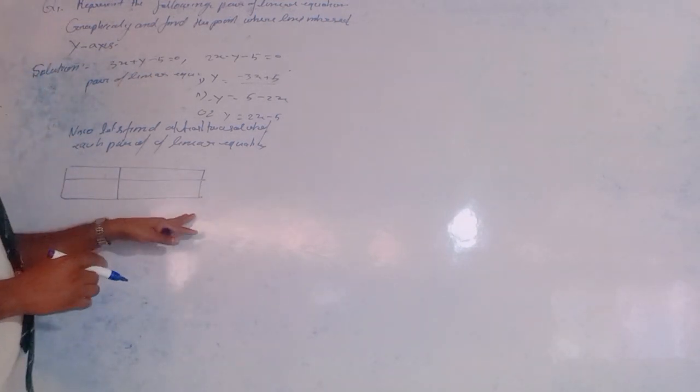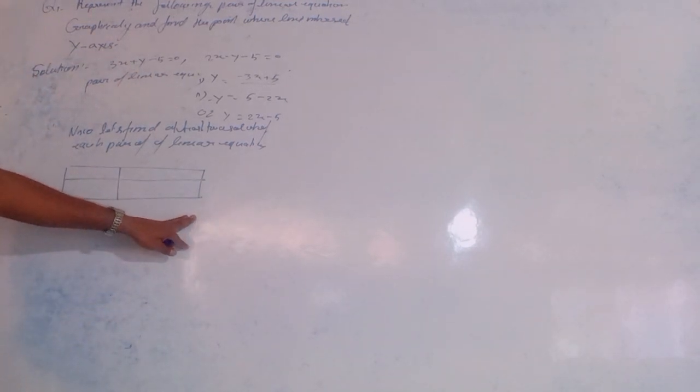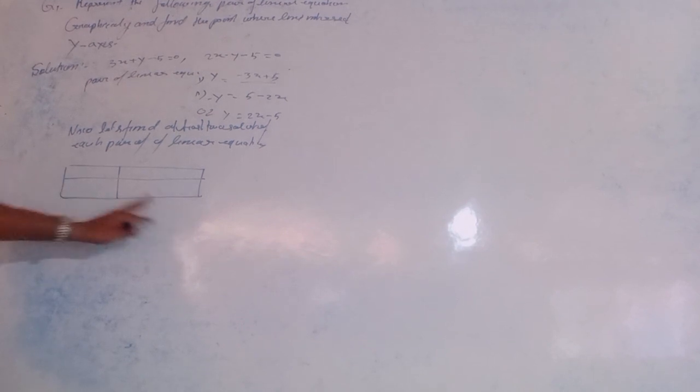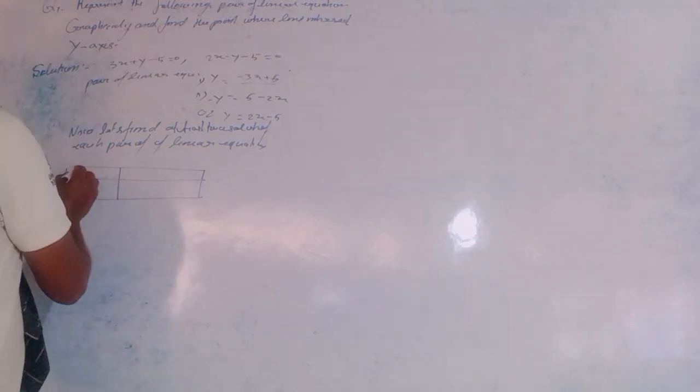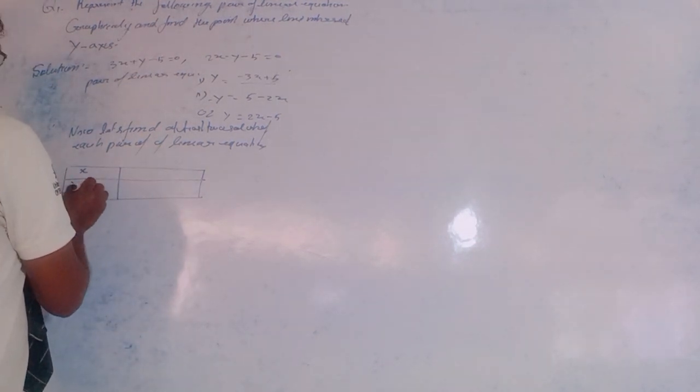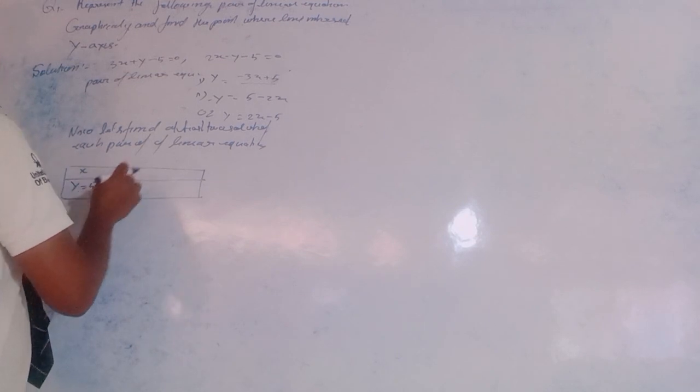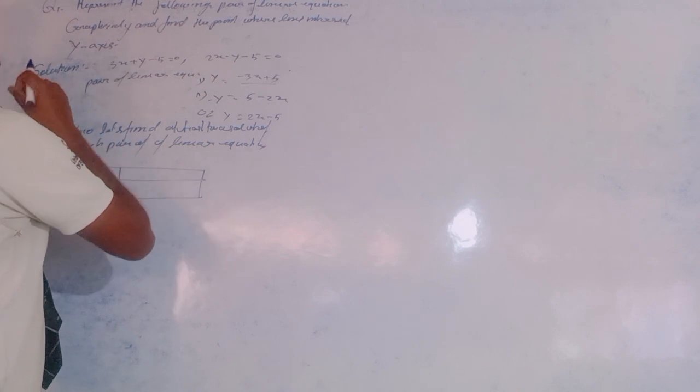For the first equation, y is equal to 5 minus 3x.